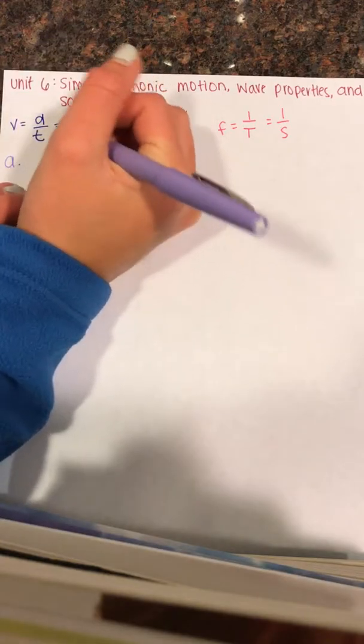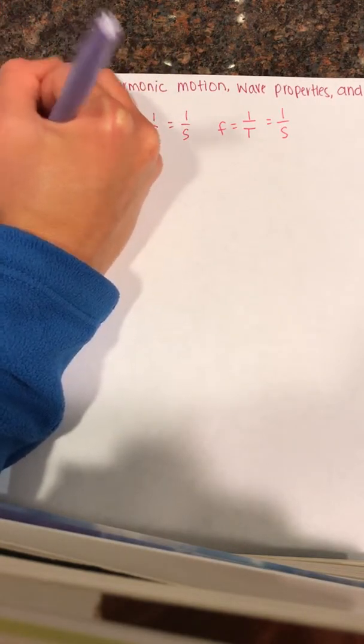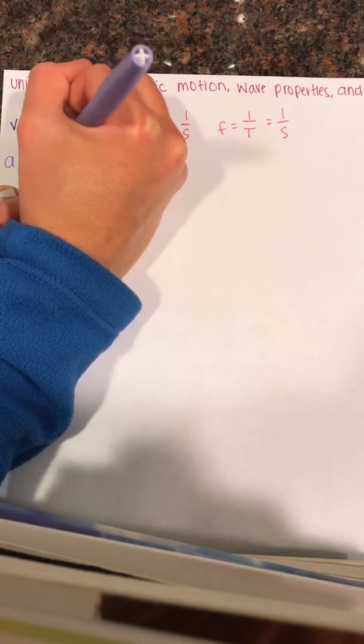So, question number 6, the first question asks, what is the speed of sound of the hiker's voice in air? So, we know that the distance equals 465 meters.